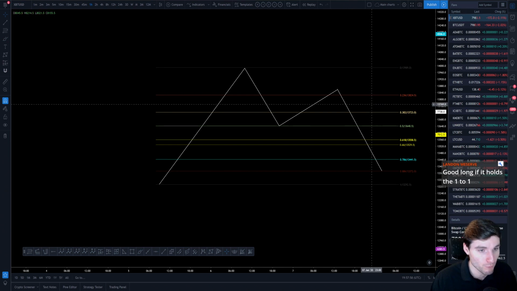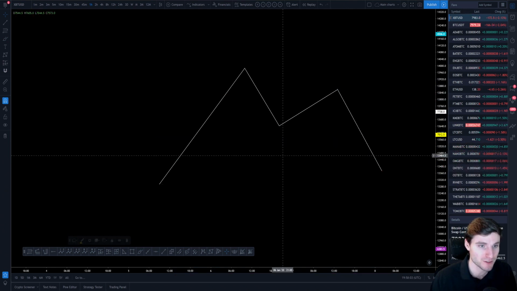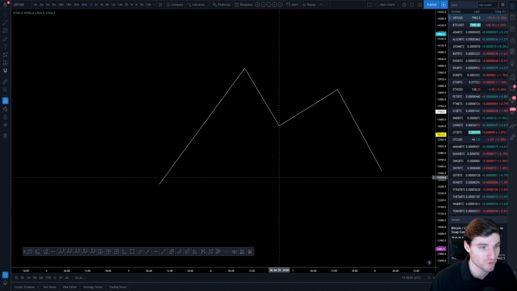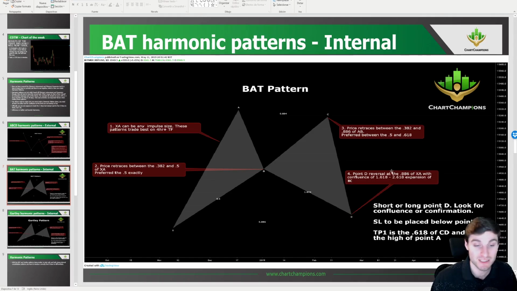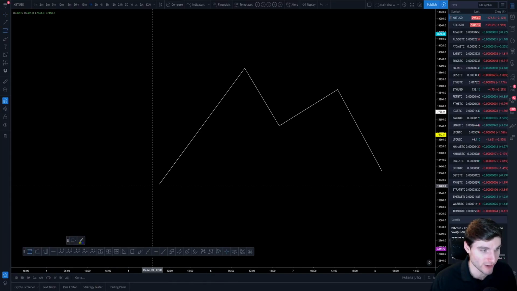Okay, you can get one more point of confluence, and that's by taking a Fibonacci expansion. Let me load up the cheat sheet a second. But you can get another, obviously looking for the 886 there. But the second confluence that you can get is looking for an expansion of B to C, of the 1618 to the 2618. Okay, so let me just make this very clear.